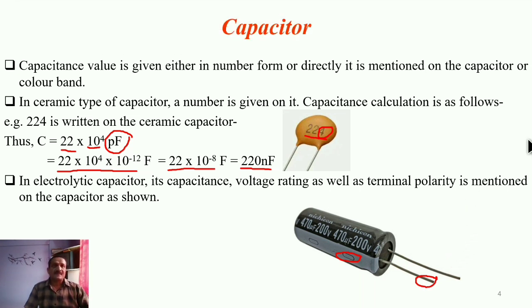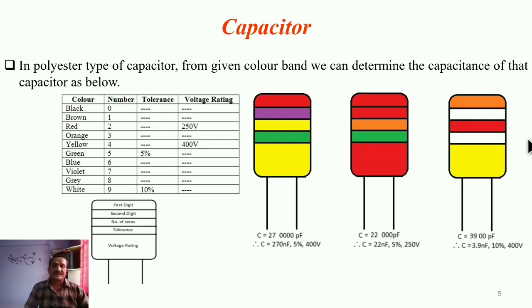Now the third one is the polyester type of capacitor, where a color band is given on the capacitor, same as what we saw for resistors, is it? A small difference is there again. For the colors, the numbers are the same; you will observe here that the sequence of colors and their assigned numbers are the same.